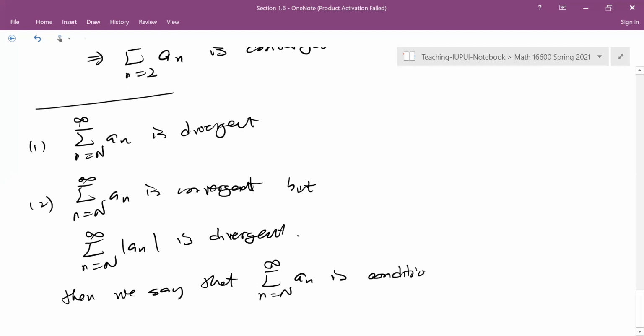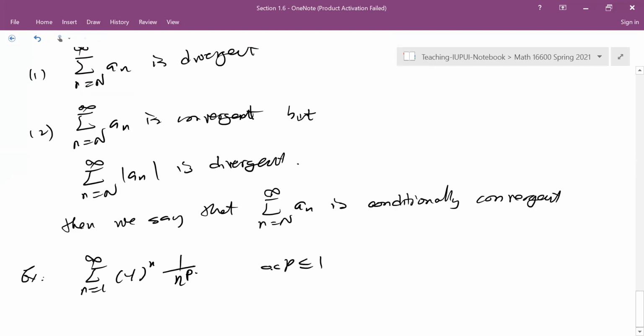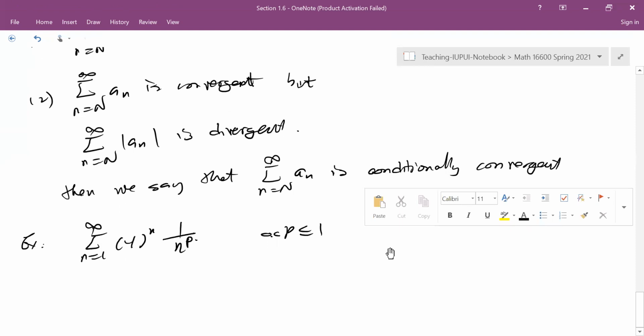So we want to say a little bit more about convergence. If a series is convergent, maybe it's only conditionally convergent because it's not absolutely convergent. A good example is this one, where p is less than or equal to 1 and greater than 0. So this is conditionally convergent. Why?